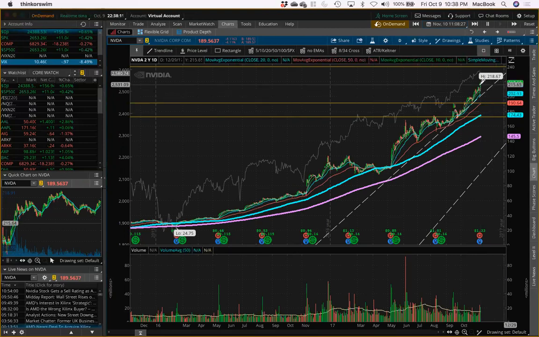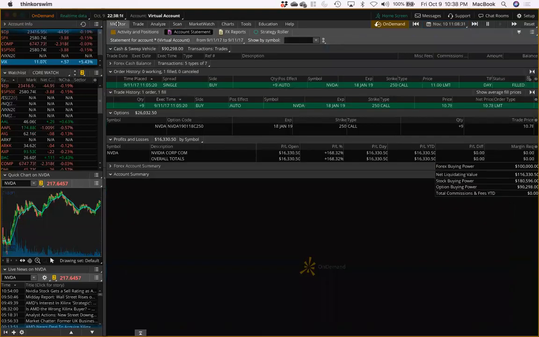Making a note on my iPad. Look at that, 218.67. Let's see what our value is at that point. So on this day, we are up 168%, for a profit of $16,353.10.